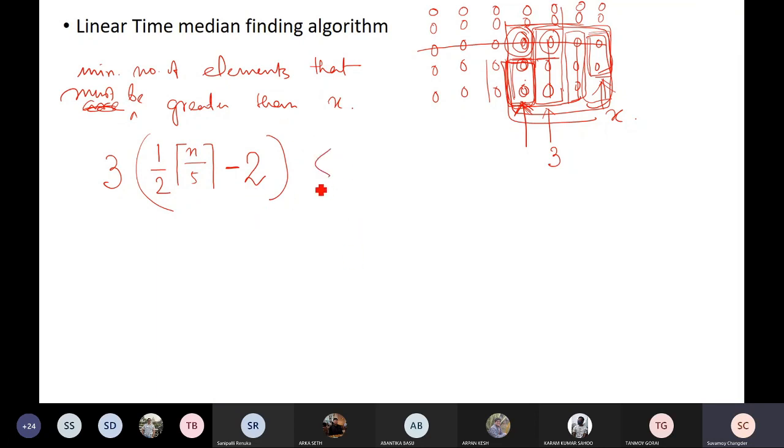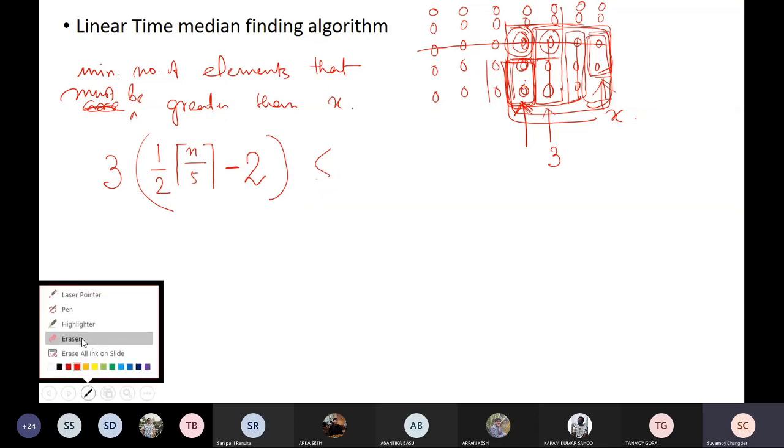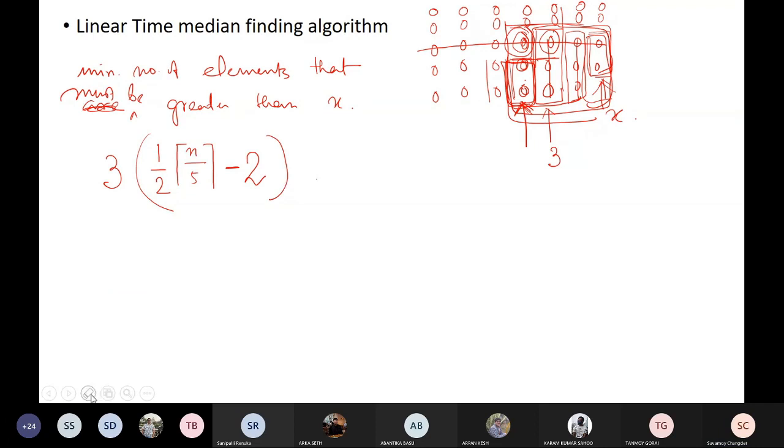So we can write this is greater than or equal to 3n by 10 minus 6, because the ceiling value of n by 5 is always greater than or equal to n by 5.